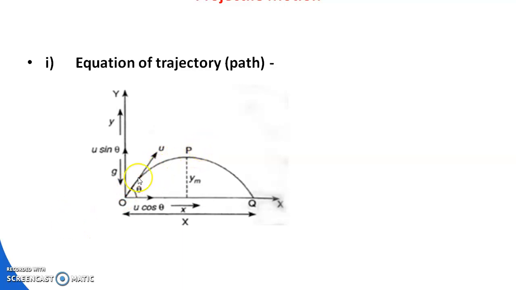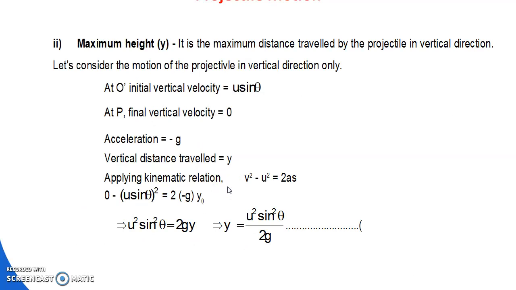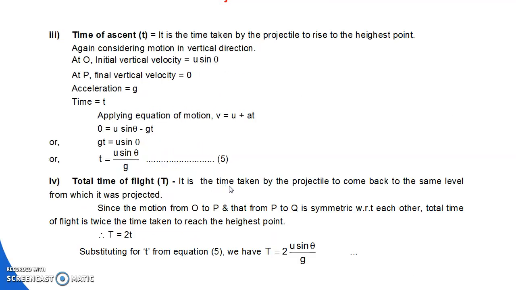And from P to Q, the time taken is the time of descent, and this is the total time, O to Q. While discussing time of ascent, we are also considering the motion from O to P, the vertical motion. The same data are there: initial velocity u sin theta, final velocity 0, acceleration minus g, time t.